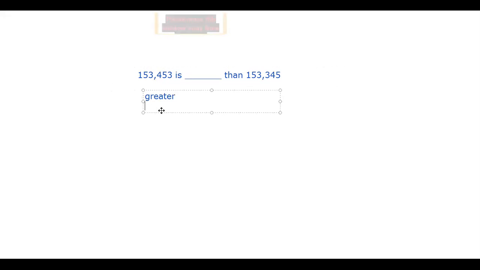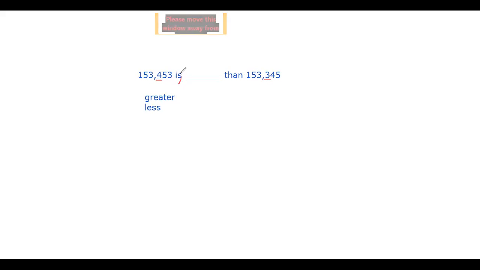and B will be less than. So you need to choose whether this number is greater than or less than this number. And we know that when we compare numbers, we start digit by digit. So 1 equals 1, 5 equals 5, 3 equals 3, 4 is greater than 3.